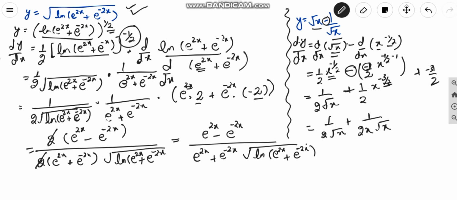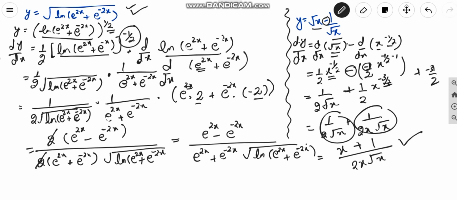So you can take these as two rationals, so you can solve it as 2x square root x. Here it will become x plus 1. So this is the answer. You can write the answer till here, but in order to make it more simple, you can do this step as well. So this is the derivative of our given function.